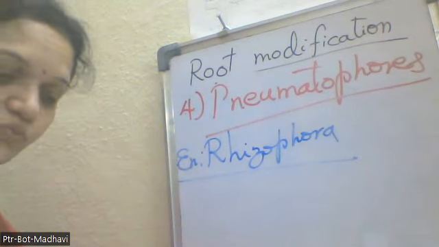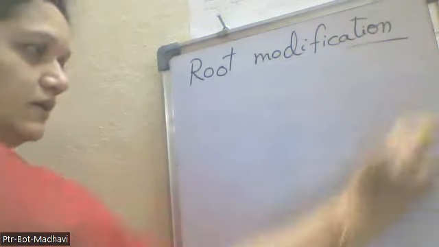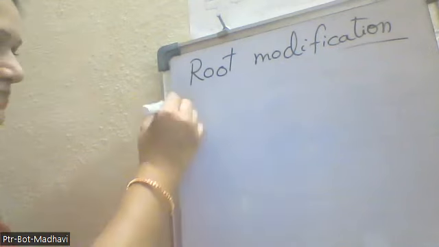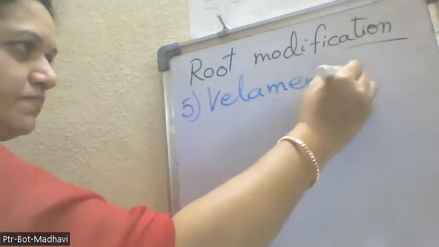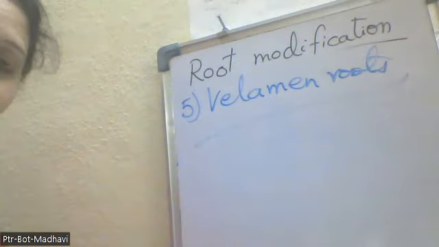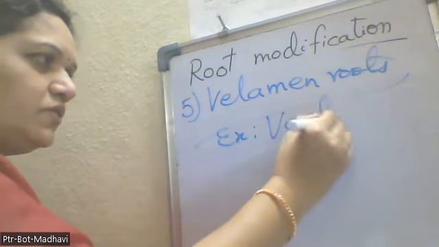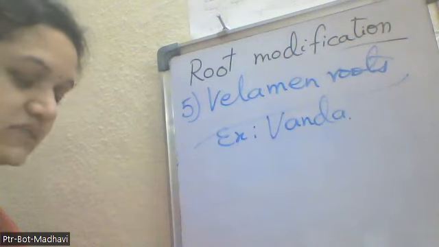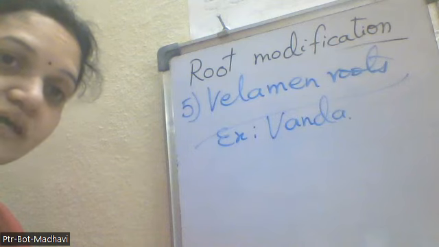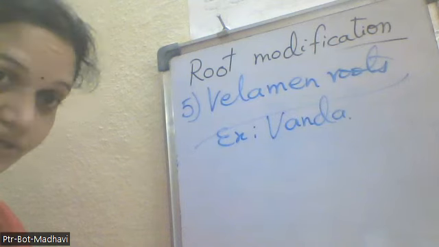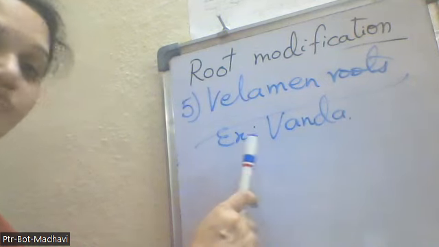And the fifth root modification is velamen roots. In the velamen roots, the example is vanda. What happens in this? Some small plants will arise on the heavy branches of other trees in the dense forest to get proper sunlight. Example, vanda.